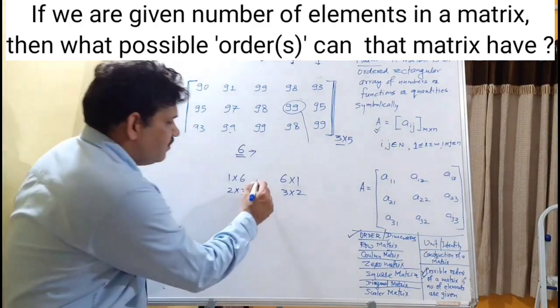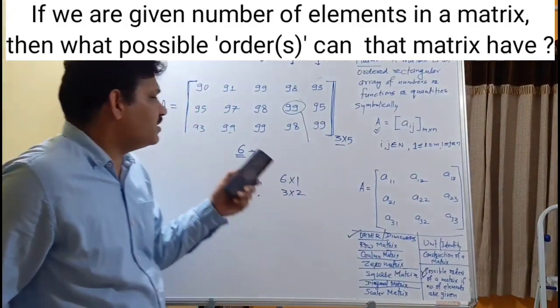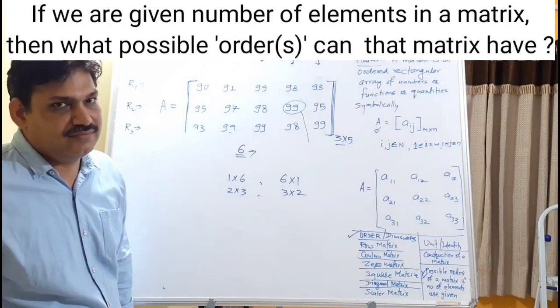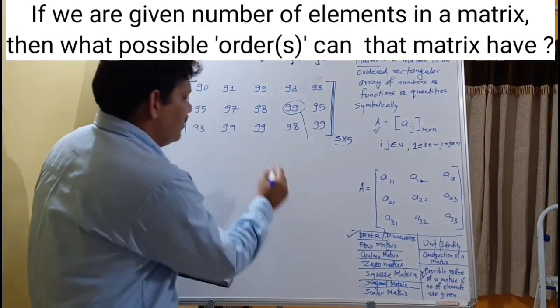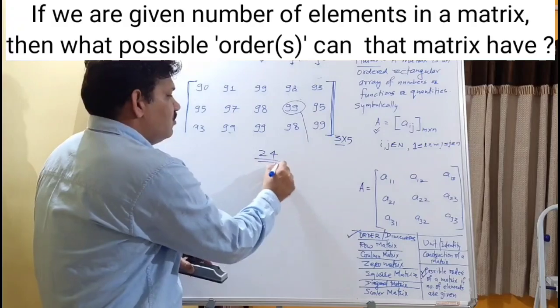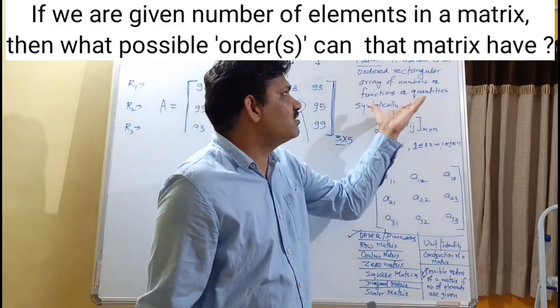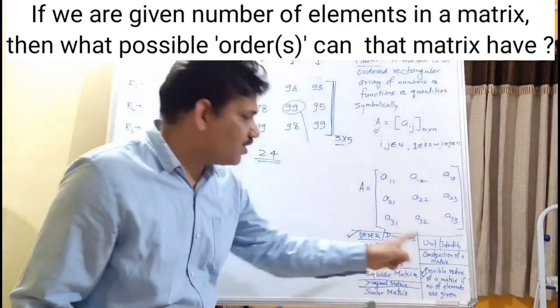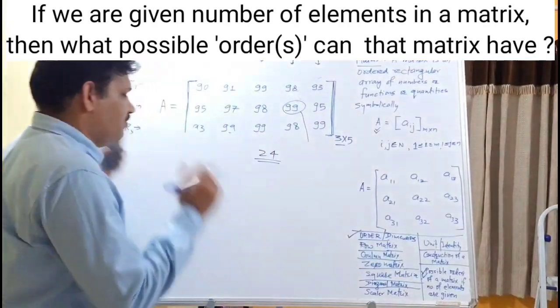So these are the possible orders of a matrix if a matrix has 6 elements. Let's have one more example. If I have 24 elements, how can I arrange these elements to form a matrix? What possible orders can the matrix have?